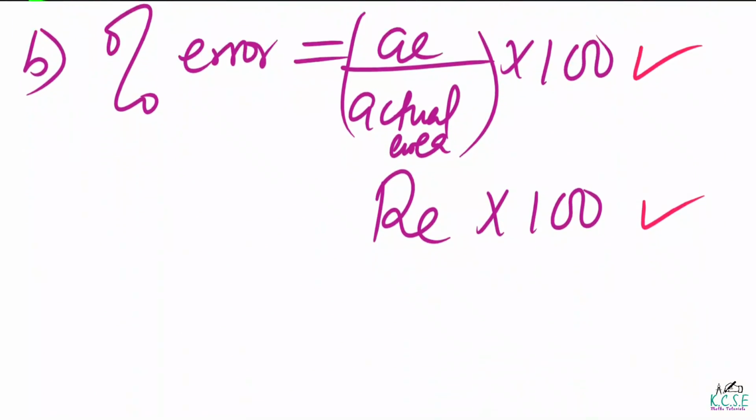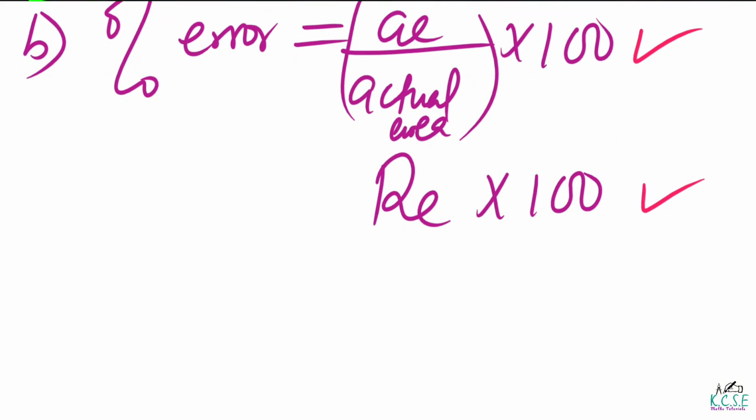So what we need to do is take the relative error that we've got, which is 0.00694.